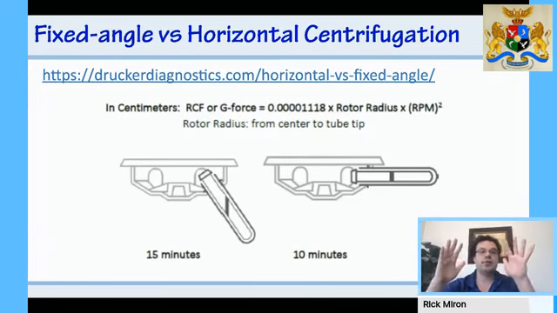So you save some time here. Now, when you do this, it's not that you're just saving 5 minutes or 4 minutes, whatever it may be in this case. It's the fact that when you go horizontal, you can actually separate these layers a lot more effectively and more quickly on a horizontal centrifuge, which means that before the PRF actually clots into a fibrin clot, you want to separate these cells as quickly as possible to that correct upper layer, okay?